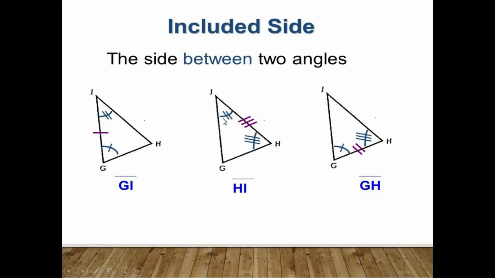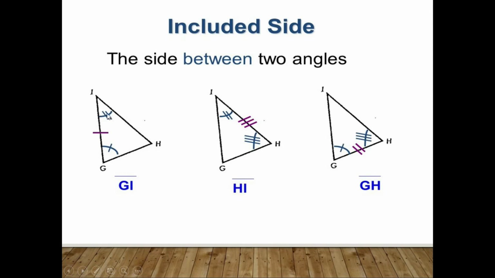For the second given, we have angle I and then angle H. And the included side between that two angle is the line segment HI or IH. So hint, observe that the included side of the two angles is the two letters which is the name of the angle itself.